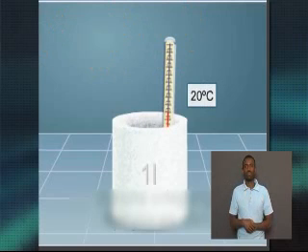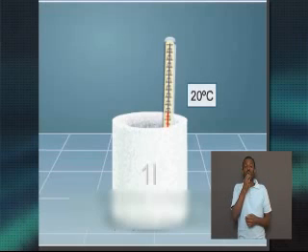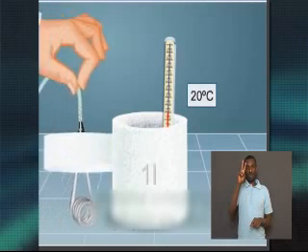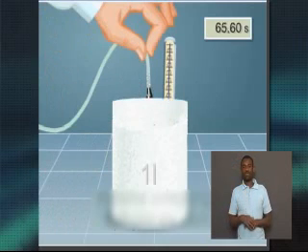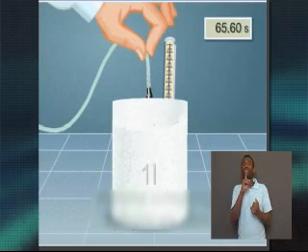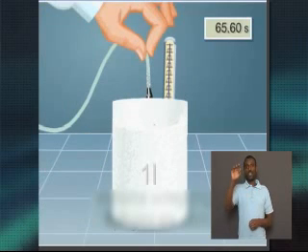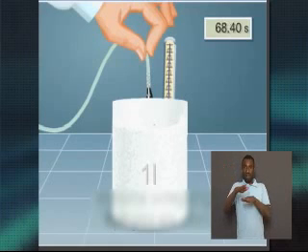We take an initial reading of the water's temperature. The water, in this case, is roughly room temperature at 20 degrees Celsius. The experimenter then puts a cover on the calorimeter, which is connected to an electric heater.